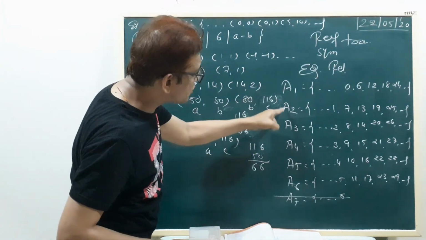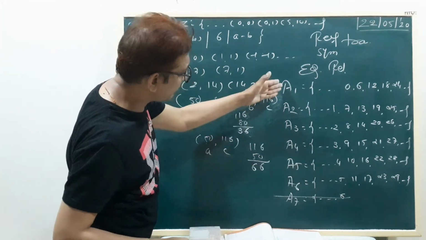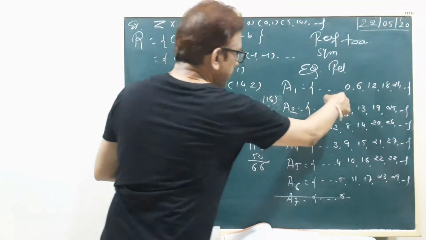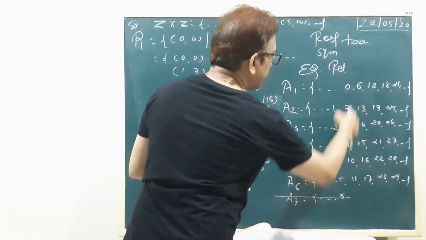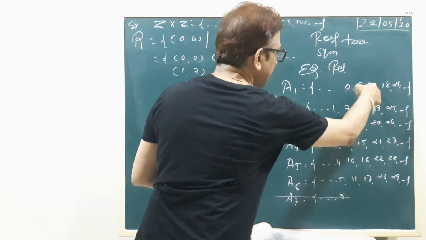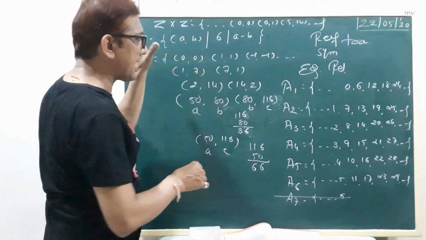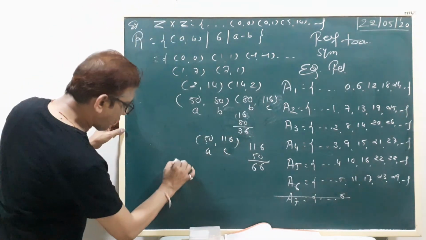Now the union of these 6 classes. Union of A1, union A2, union A3, union A4, A5, A6: 0, 1, 2, 3, 4, 5, 6, 7, 8, 9, 10, 11, 12, 13, 14, 15, 16, 17, and so on. Right? That is completely your Z. Now we write it in short form.